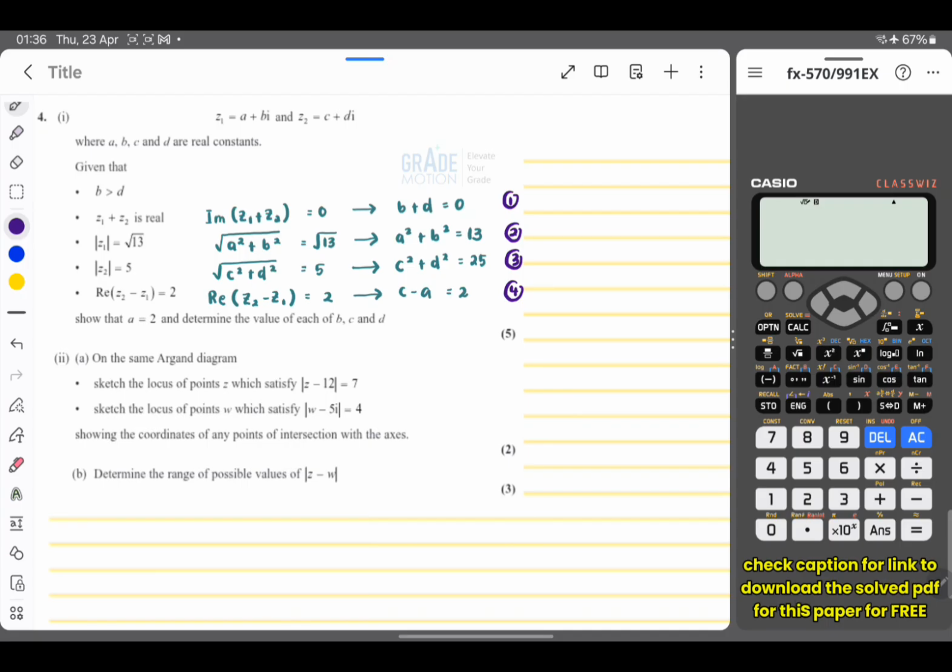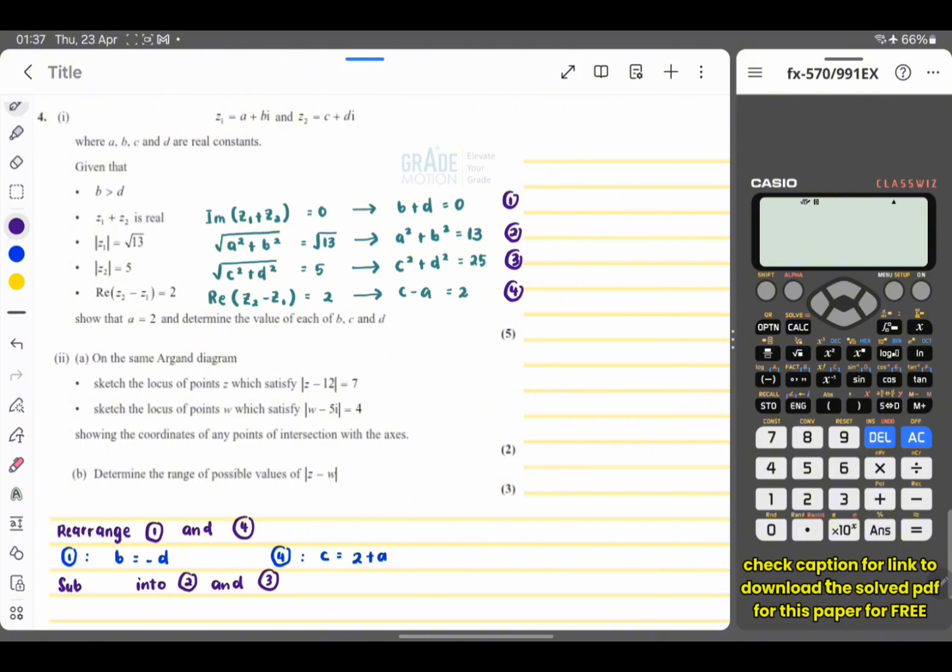So what we will do first is to rearrange equation 1 and 4. When I rearrange 1 and 4, I'll get B is equal to negative D. From equation 4, I will get C is equal to 2 plus A. Now what I would like to do next is substitute into 2 and 3.